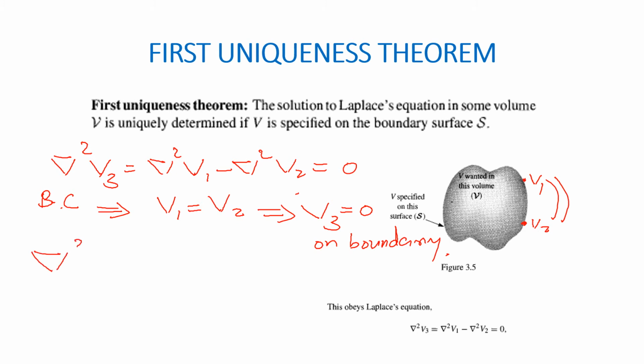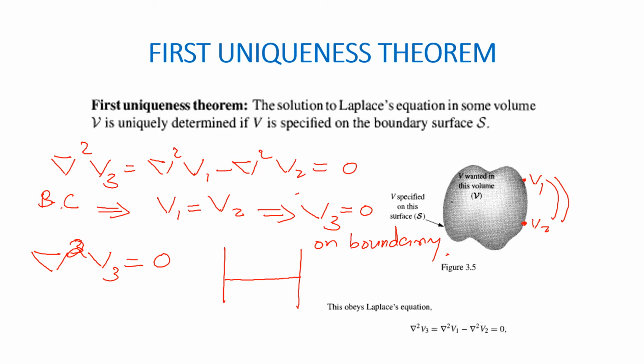So V3 is a solution to the Laplace equation, del square V3 equal to 0, and we know that the value of V3 is 0 on the boundary. But as per the definition, the Laplace equation has an extremum, that means a maxima or minima, on the boundary, nowhere else inside the volume.